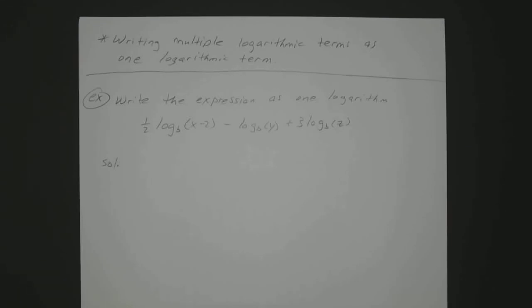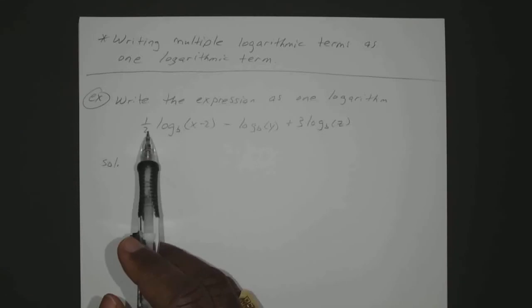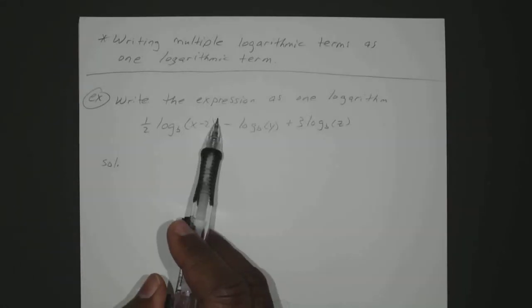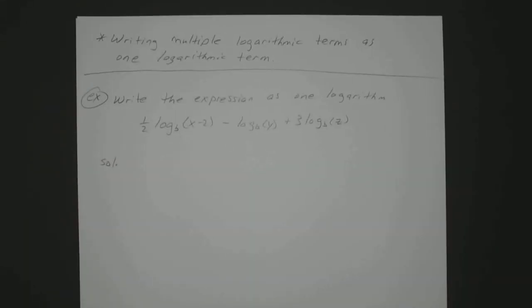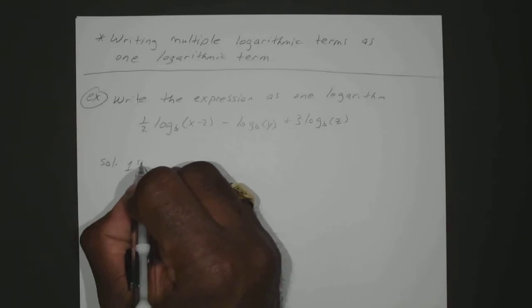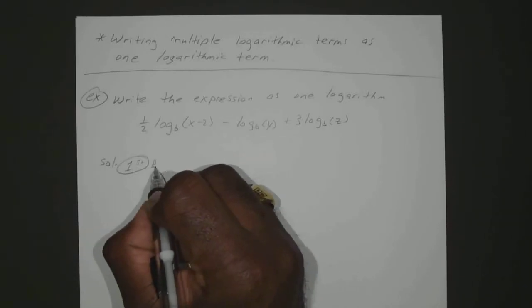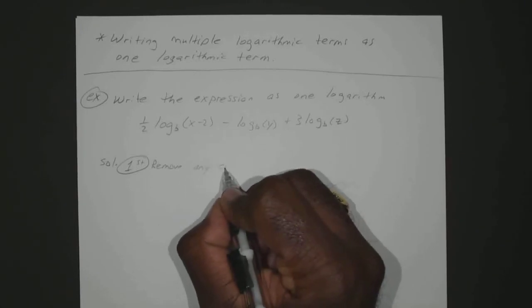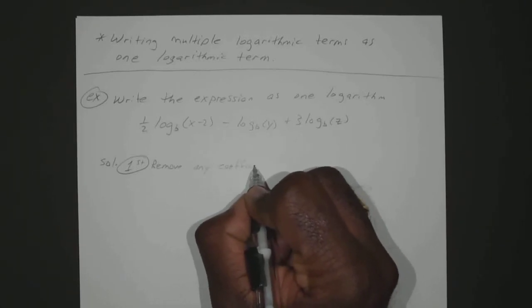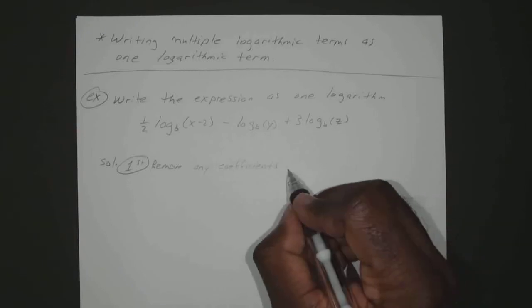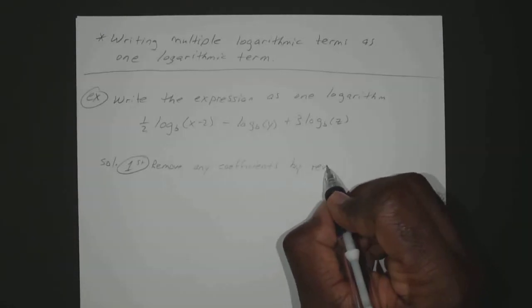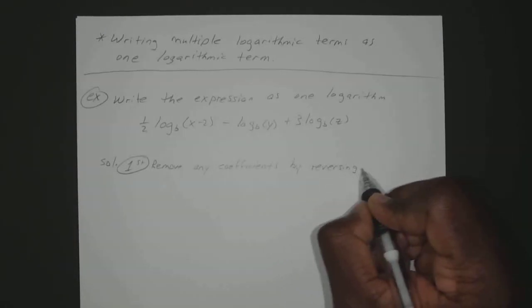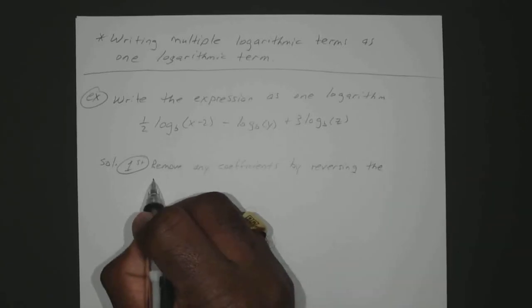Okay, so the first thing you want to do is kind of reversing the power rule. So any coefficients automatically will become an exponent. So remove any coefficients by reversing the power rule.